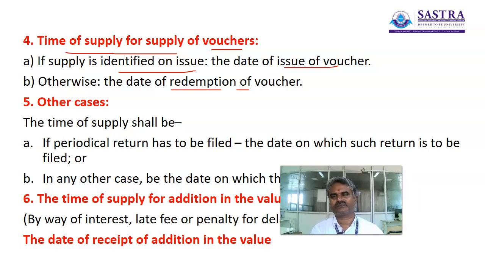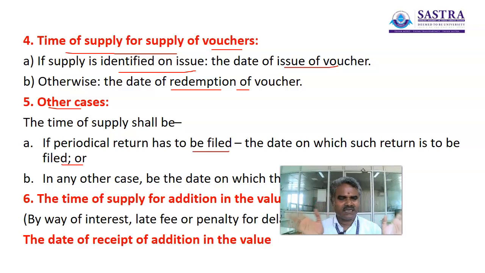In other cases, the time of supply, if a periodical return has to be filed, is the date on which such a return is to be filed. Other cases means you don't have detailed information regarding your supply.